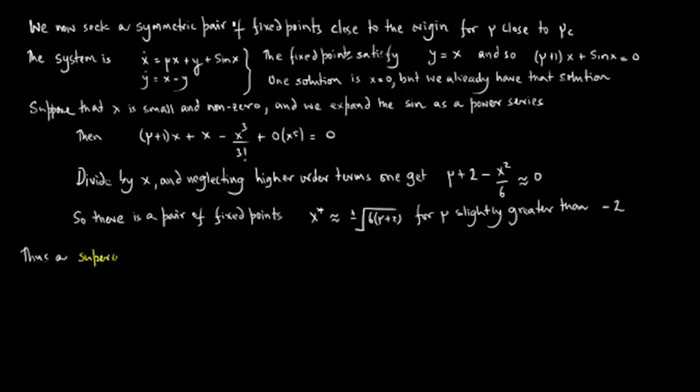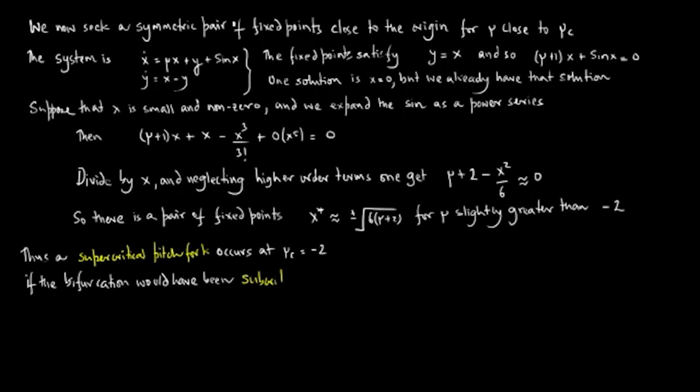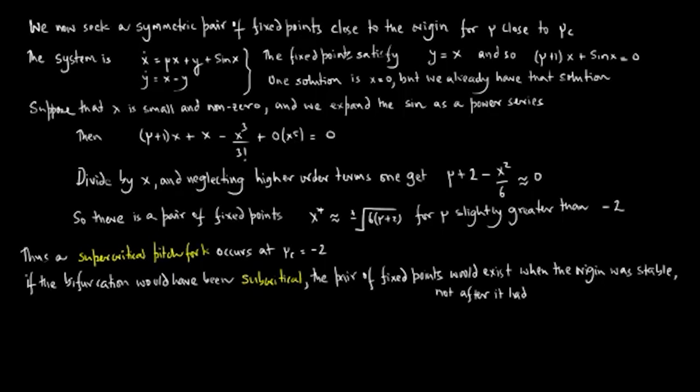Thus, a supercritical pitchfork bifurcation occurs at mu critical is minus 2. If the bifurcation would have been subcritical, then the pair of fixed points would exist when the origin was stable, not after it had become a saddle.